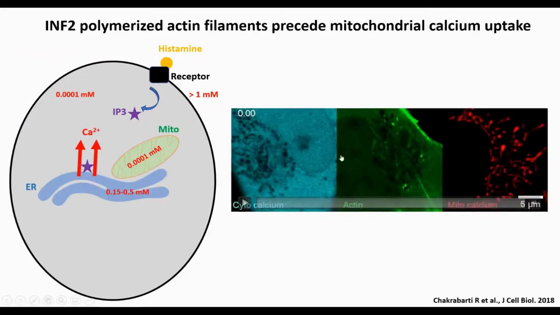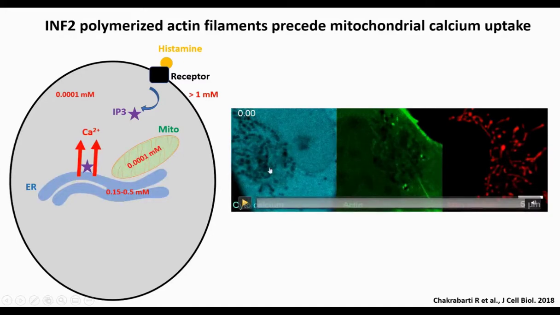So we imaged cytosolic calcium, actin filaments in green, and mitochondrial calcium in red, in a similar way I showed you in my previous images. These are the same cells expressing all these three markers, and we're going to image them at a speed of 110 milliseconds a frame.